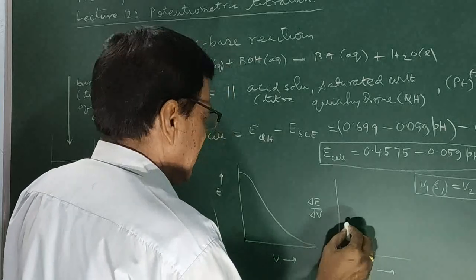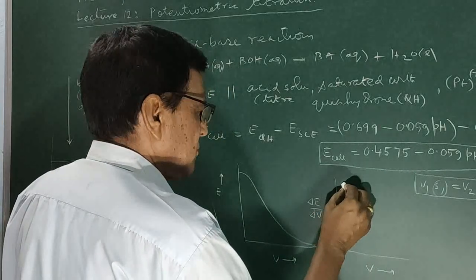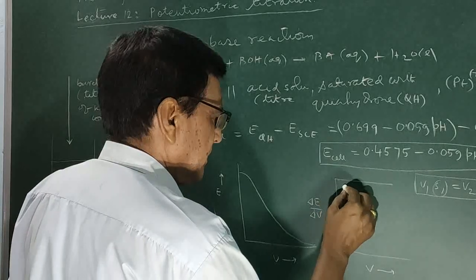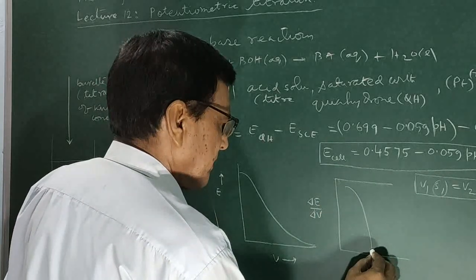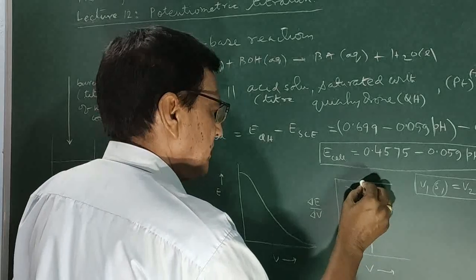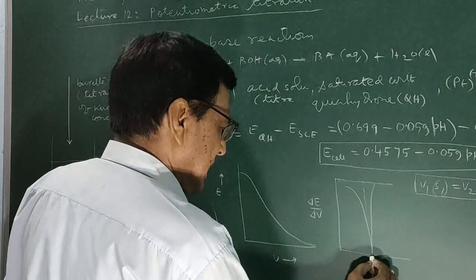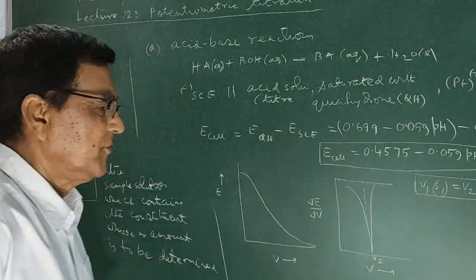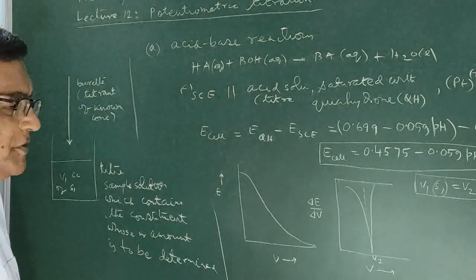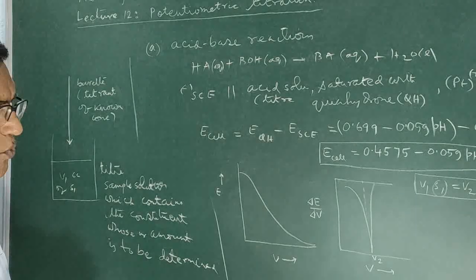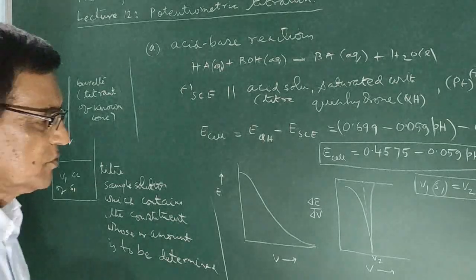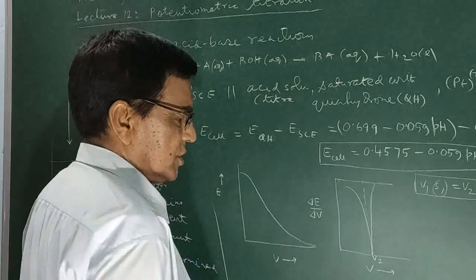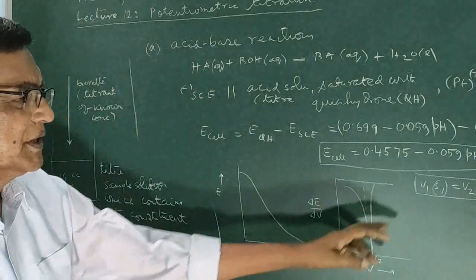In this case, this will be the V2 in differential form, and this differential form of the curve makes it very easy to determine the end point of the titration, and then we can use this equation.